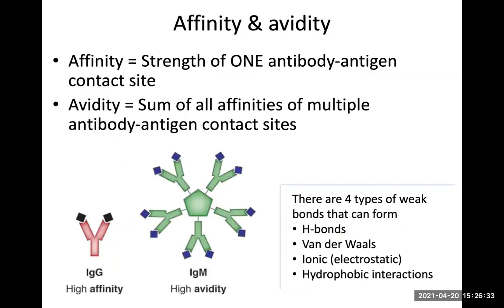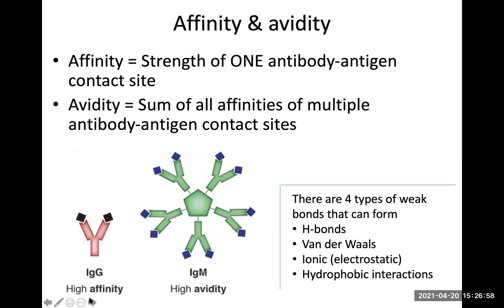Before we look at each individual antibody, something to keep in mind is this idea of affinity, which is the attractiveness of two objects to bind to each other. So how likely is the antibody to bind to the antigen?